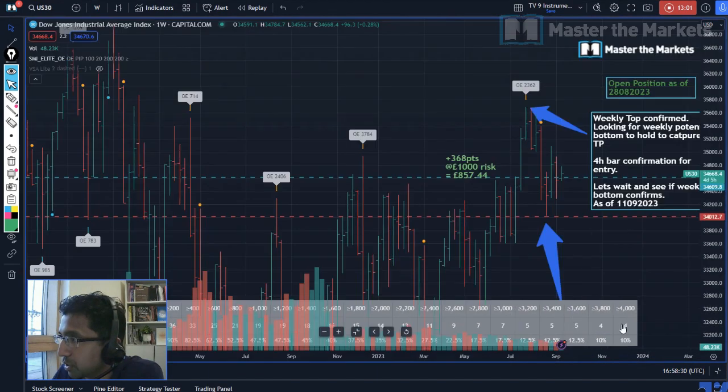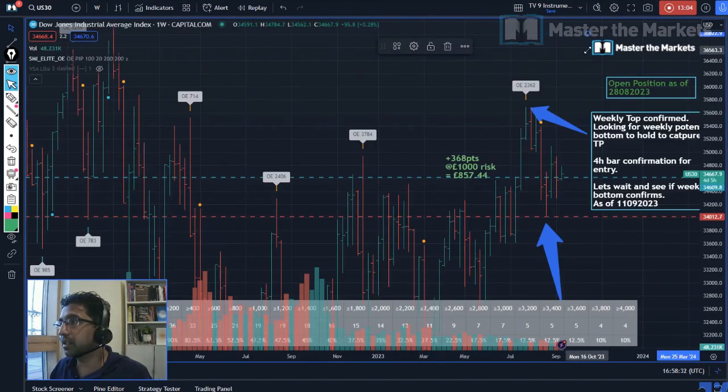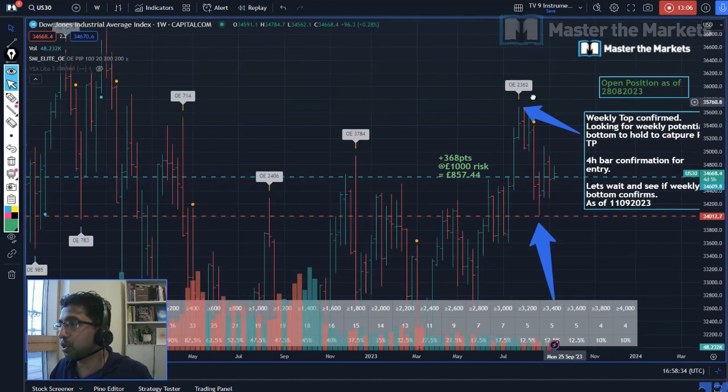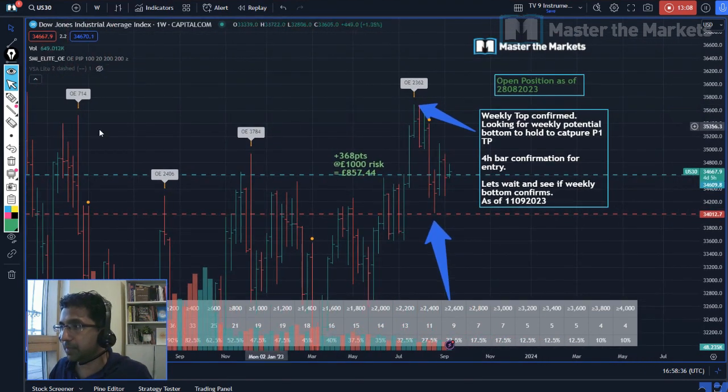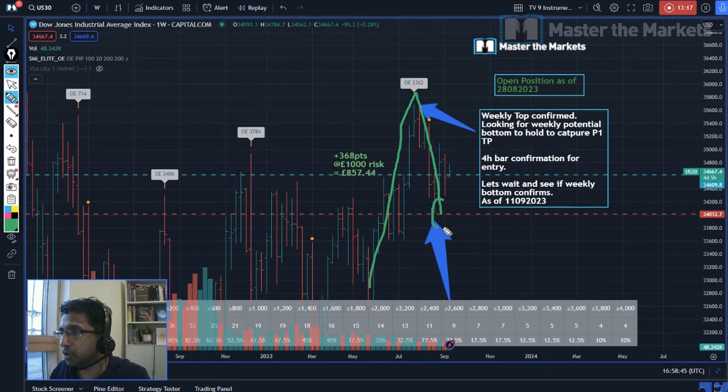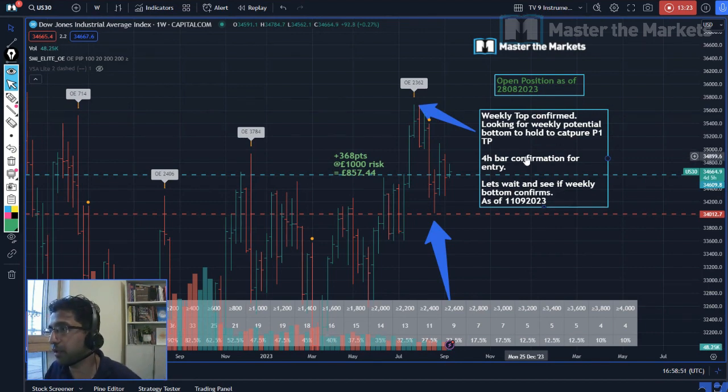Now coming on to Dow, we got another open position here as well, traders. On the 28th of August is when we opened it. What was the rationale? Uptrend phase 2, looking to capture and see if that bottom holds or not. And over here, we took on a 4-hour bar confirmation for entry.